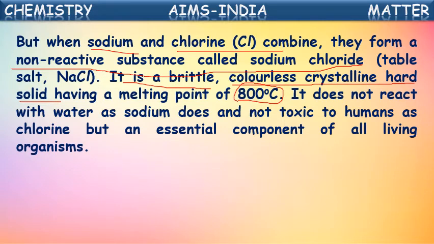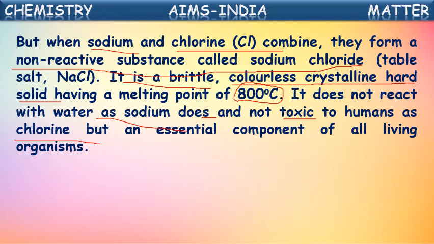Sodium's melting point is different, chlorine's boiling point is different, but by combining those two, sodium chloride has completely different properties. Its melting point is 800 degrees Celsius. It does not react with water as sodium does, and it is not toxic to humans as chlorine is. It is not soft like sodium, and it is not poisonous like chlorine.